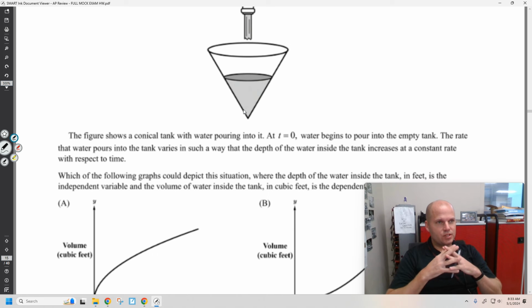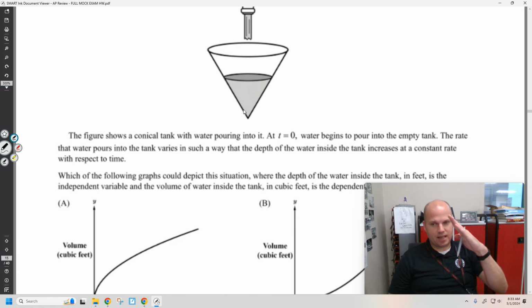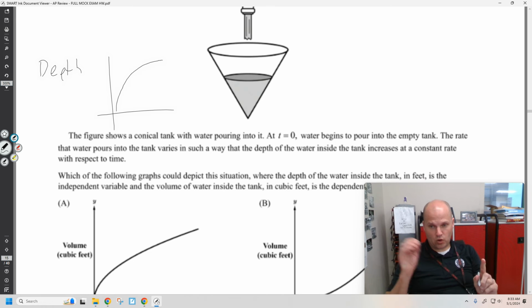That's if the faucet is turned on and left still. No, we're increasing the faucet and how much it's open. So this is not true. They changed the situation so that the depth of the water is increasing at a constant rate.